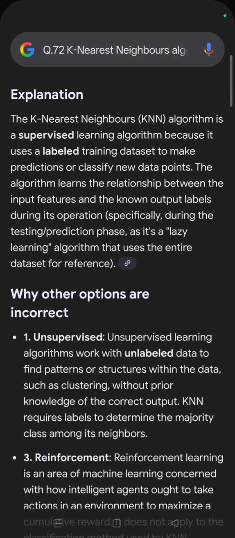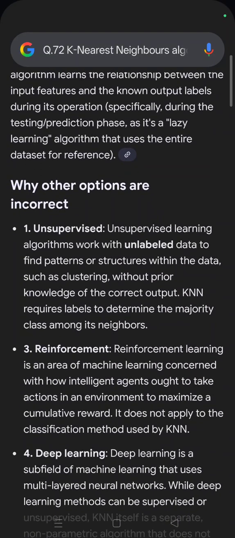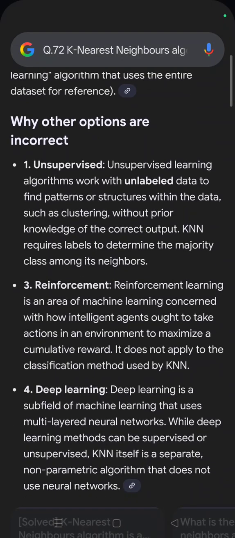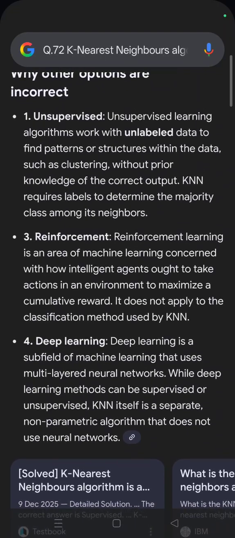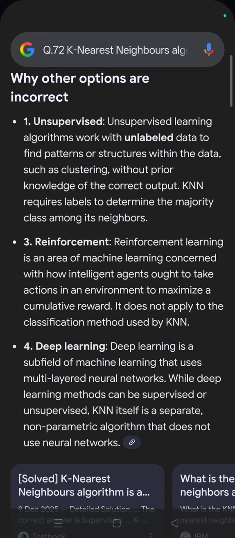Why other options are incorrect? Unsupervised learning algorithms work with unlabeled data to find patterns or structures within the data, such as clustering, without prior knowledge of the correct output. KNN requires labels to determine the majority class among its neighbors. Reinforcement learning is an area of machine learning concerned with how intelligent agents ought to take actions in an environment to maximize the cumulative reward.